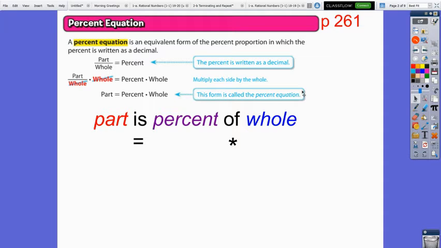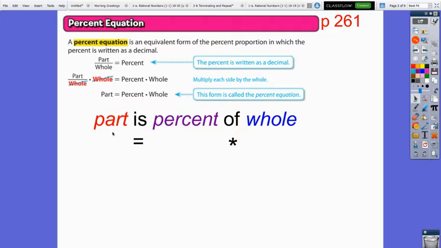And when you distill down any percent problem, you can always say it as: part is percent of whole. Like 3 is 20% of what? Or what is 10% of 32? Or 62 is what percent of 100?